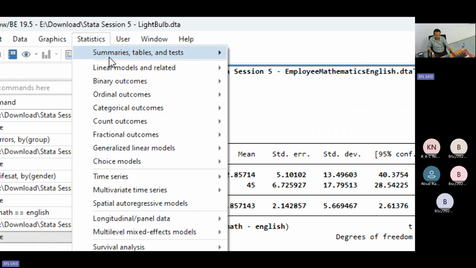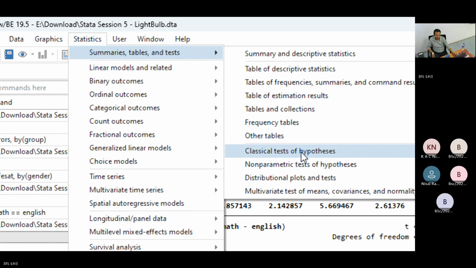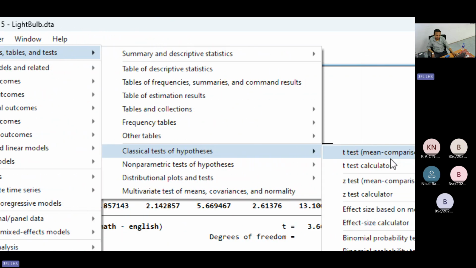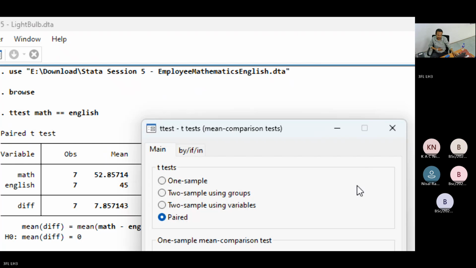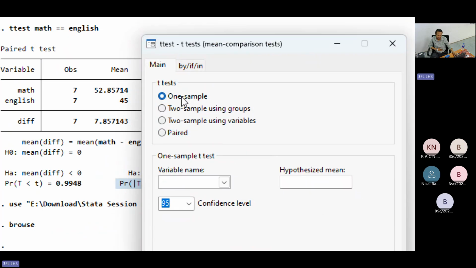You go to statistics, summaries, tables, and cases. Then classical tests of hypothesis and go to t-test. Because you are comparing the sample mean and the benchmark of 1,000. Then you can see one sample t-test is here. The variable name is life.